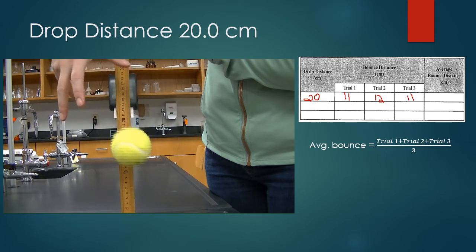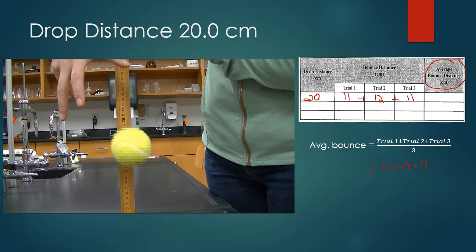So now this last column here is a calculation column. It's average bounce distance. So we're going to take that equation that we saw on the previous slide to calculate this by adding the 3 trials together and then dividing by 3. So we're going to get 11 plus 12 plus 11.